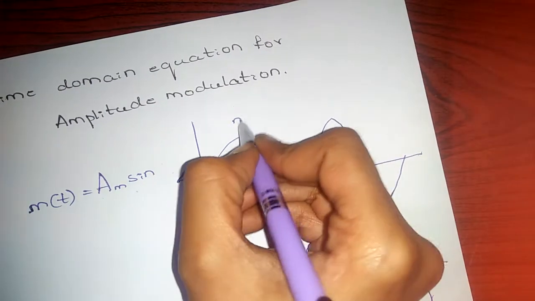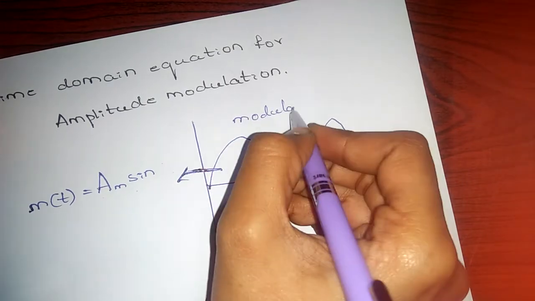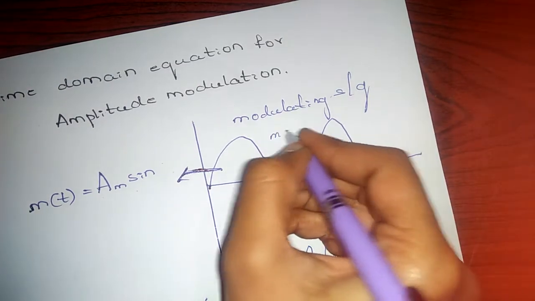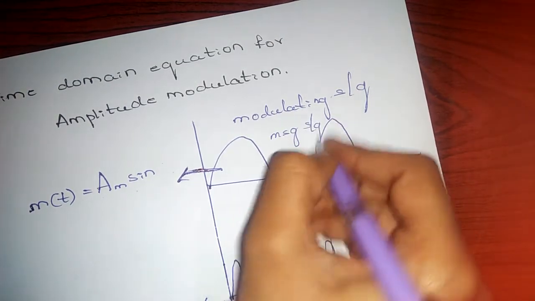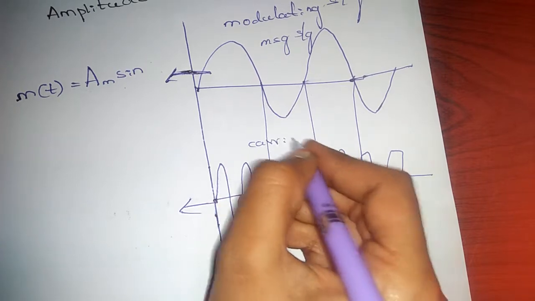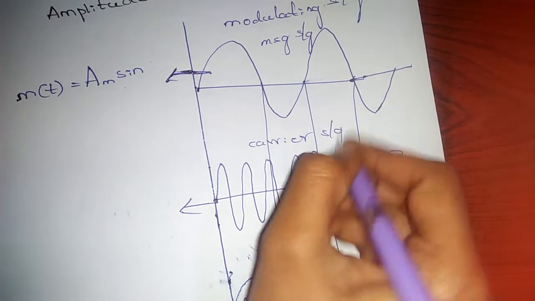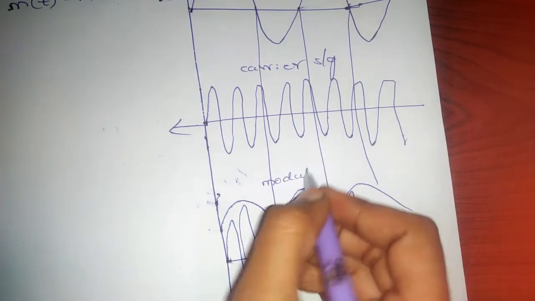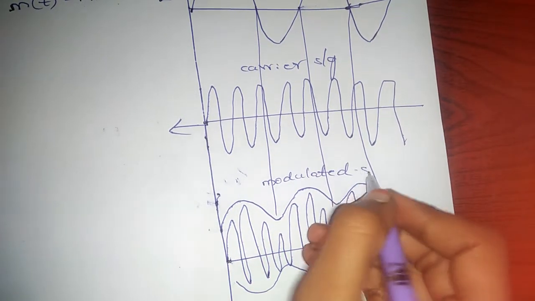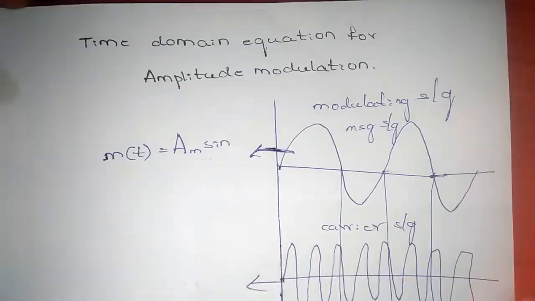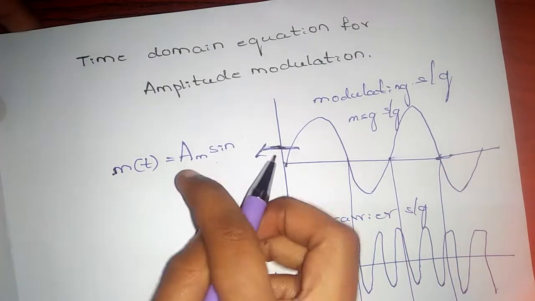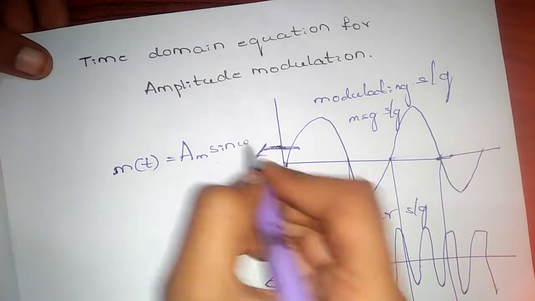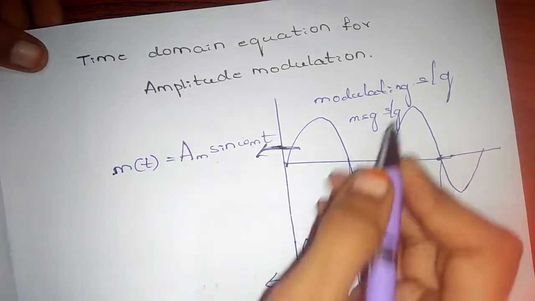This is called the modulating signal or message signal. This is the carrier signal and this is the modulated signal.